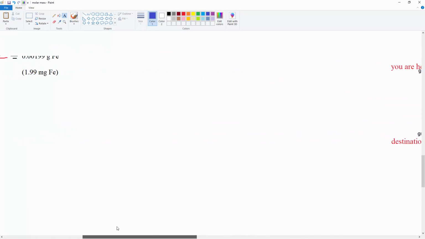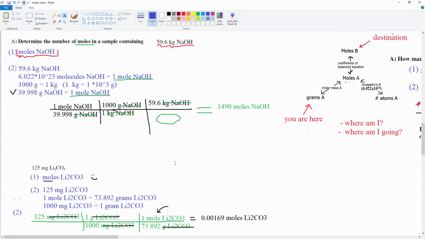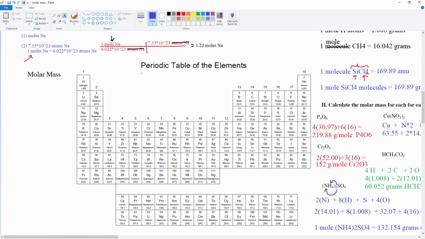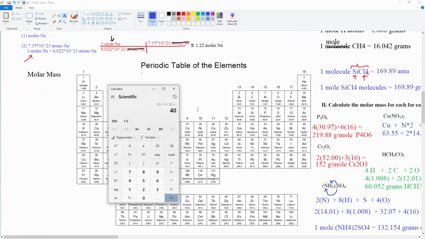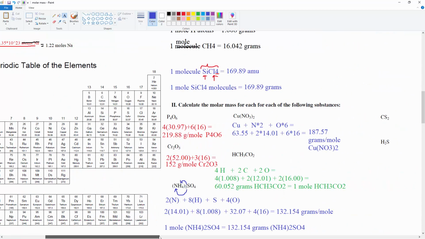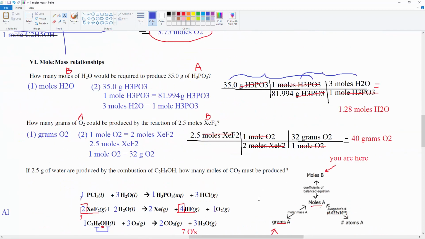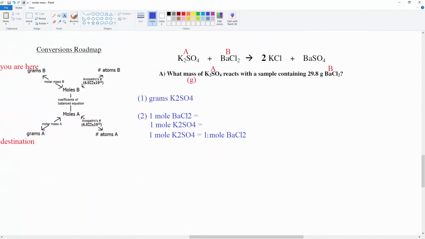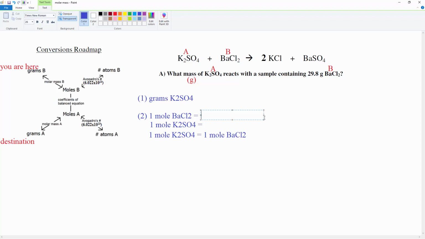Oh man, here, BaCl2, I don't even know where my periodic table is anymore. Here we go. Barium, 137.3, plus Cl2, that's 2 times 35.45. It gets me 208.2 grams.